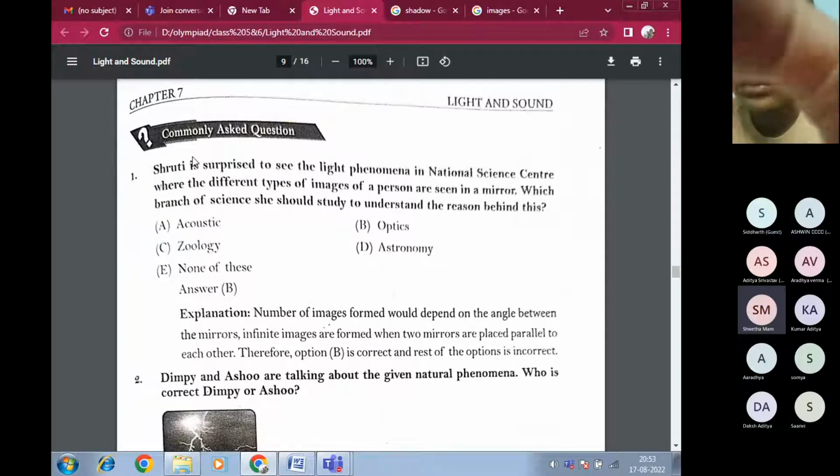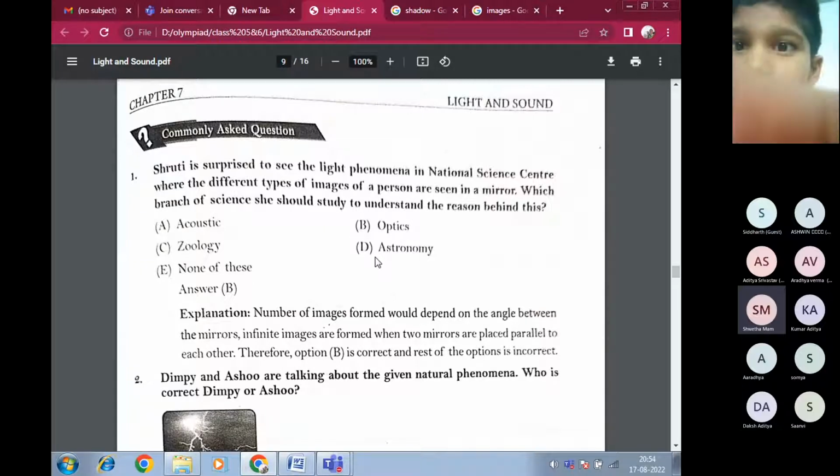Okay. Shruti is surprised to see the light phenomena in National Science Center, where different types of images of a person are seen in a mirror. Which branch of science should she study to understand the reason behind this? See, she wants to know about light.